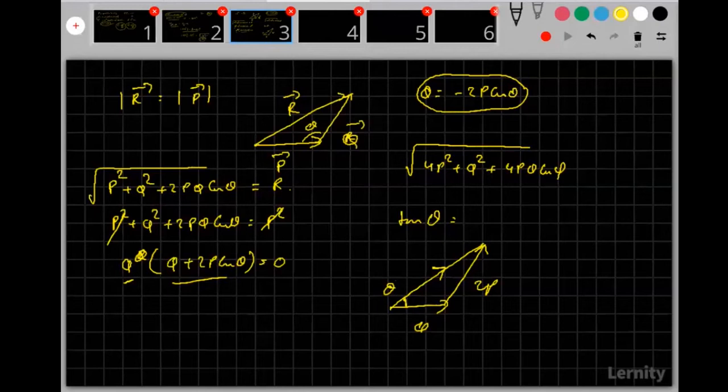The sum of two forces P and Q is R, such that mod of R is equal to mod of P. Now they are asking the angle theta that the resultant of 2P and Q will make with Q. If this is Q and this is 2P, what is this angle they are asking?